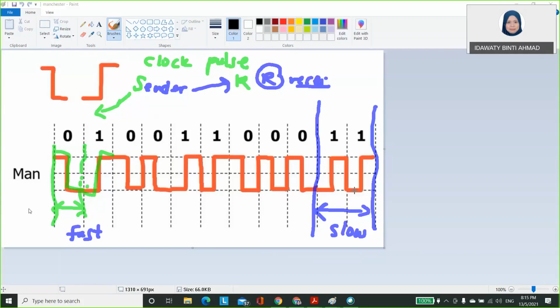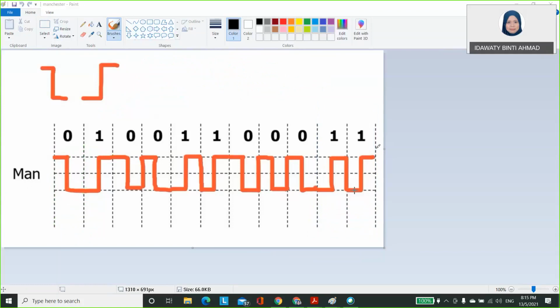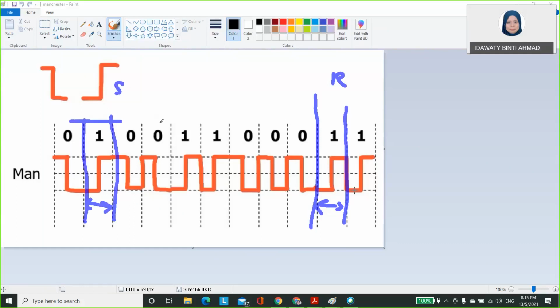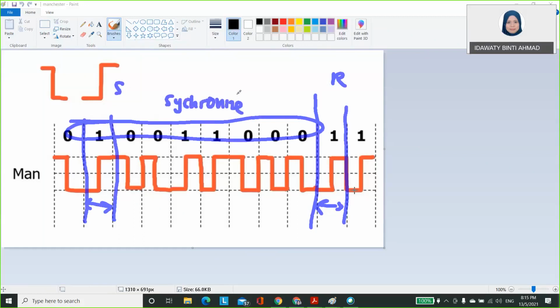Basically, if the sender has the same clocking as the receiver, then when you represent the bits, they are going to be synchronized. That is what it means by synchronized.